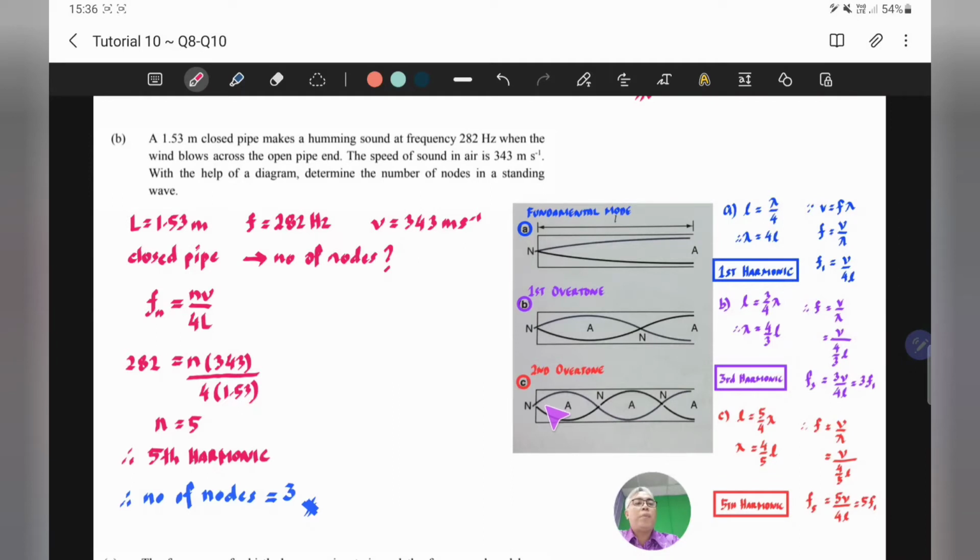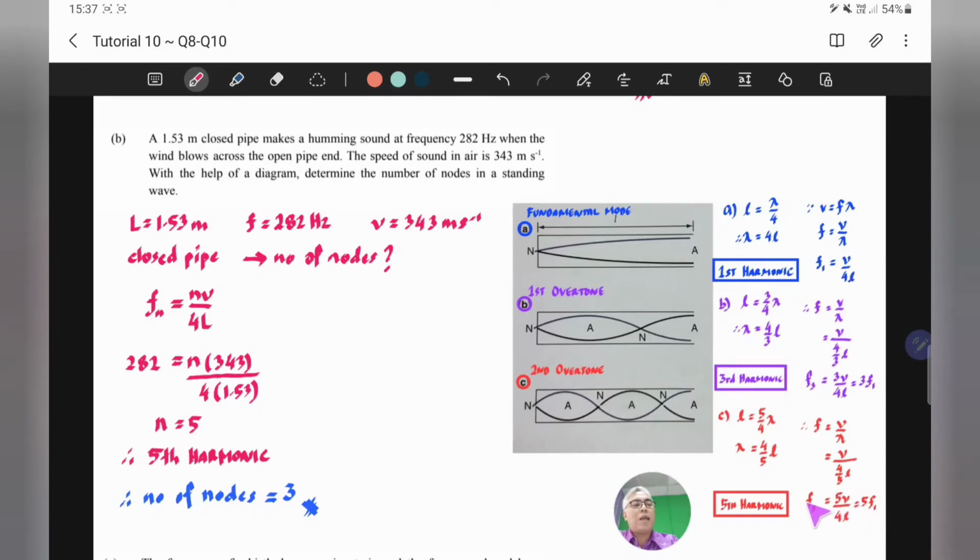For the second overtone, how many lambda do we have? Quarter, quarter, quarter, quarter, one complete lambda, another quarter, giving you 5/4 lambda, which equals L, the length of the pipe. By rearranging, you get lambda equals 4/5 L. From the same equation, f equals v over lambda, substitute lambda, and by rearranging you get 5v/4L, where v/4L still equals F1, giving you 5F1.